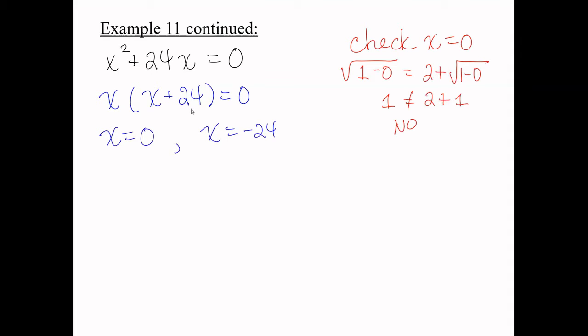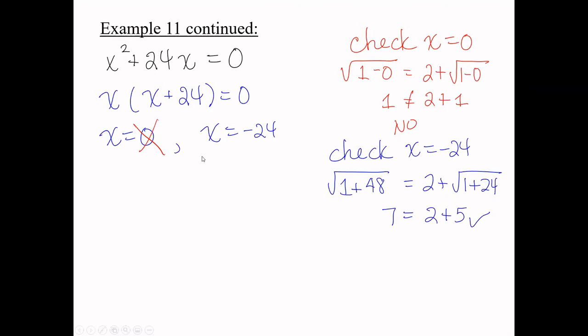We check those. If we put in the x equals 0 root, we find out that we get an untruth. So we have to discard this value. Now we check the other one, and it does prove to be true.